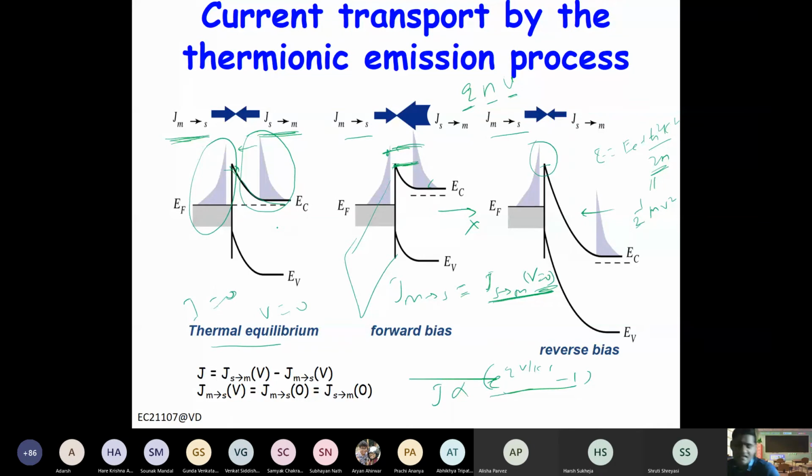So there are multiple ways people have derived this expression. You can take the integral of V dN, where N will be the density of states times the Fermi distribution, right?